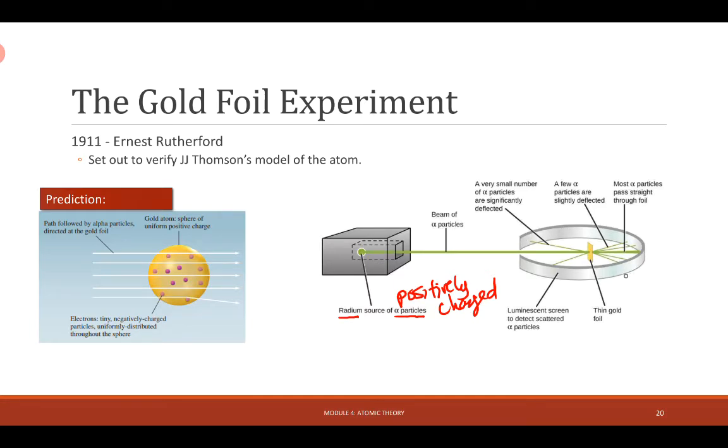He did set up the detector going around in a full circle because he thought, okay, well, if this particle gets too close to one of these electrons, its path will be bent a little bit because it will be attracted to some electrons. And so he expected most things to go straight through and then some to be bent slightly.